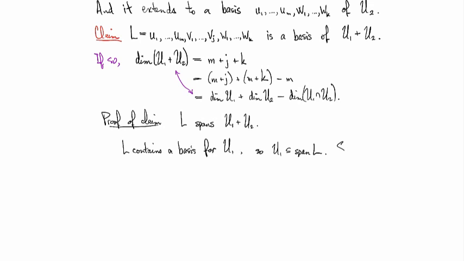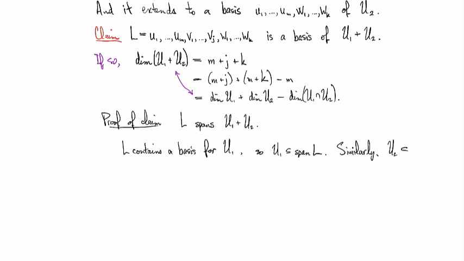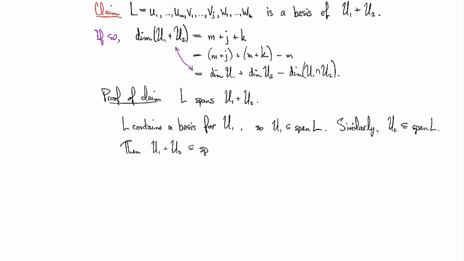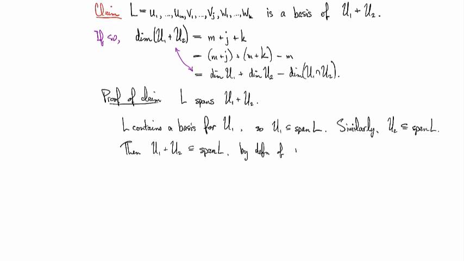And then similarly, we know that U2 is contained in the span of L. So then we know that the sum is contained in the span of L as well, by definition of the sum of two vector spaces.